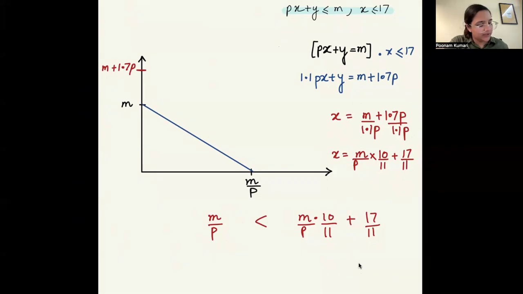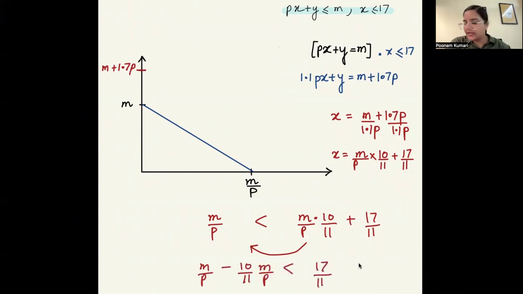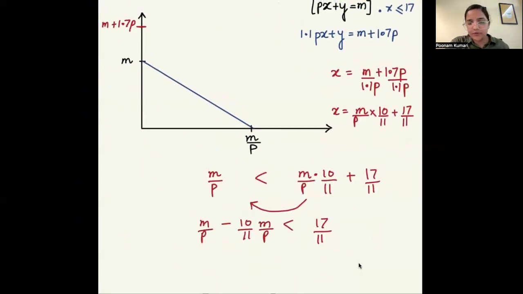Bring this over here. It will become 11 by 11 m by p minus, so this is m by p minus 10 by 11 m by p is less than 17 by 11. That's what it becomes, right? When you subtract, 1 by 11 m by p is less than 17 by 11.